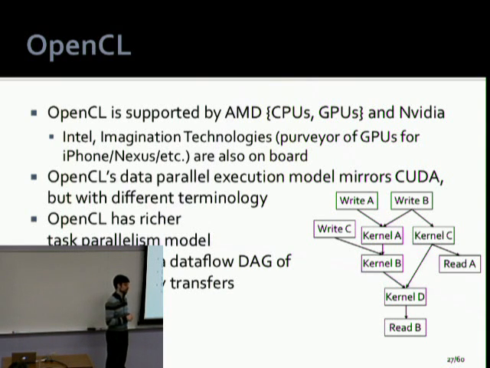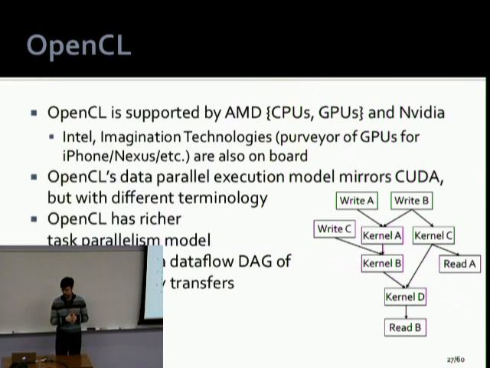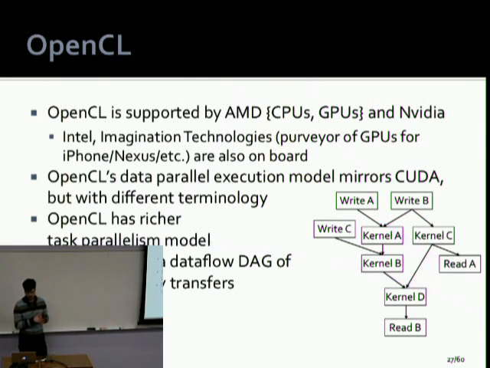So, for example, you could use it for multi-core execution. You could express a DAG of dependencies and then let the runtime take care of what that actually means. So I think that's actually a fairly powerful task model that OpenCL has.